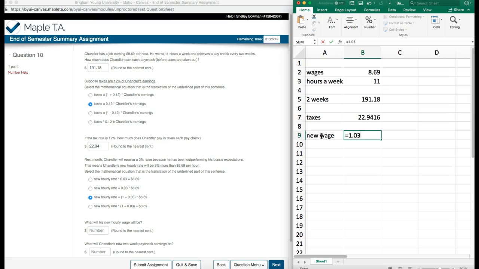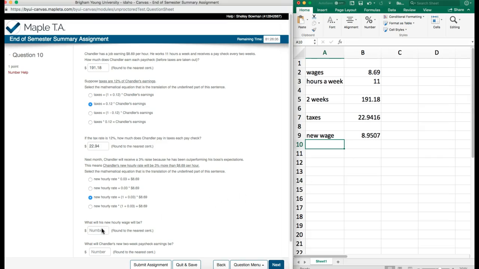If you're not comfortable, you can go ahead and write that all out, or even copy and paste that over into here. And then multiply that by his wage, and that gives me his new wage of $8.95 per hour. Let's write that down, again rounding to the nearest penny, 8.95.